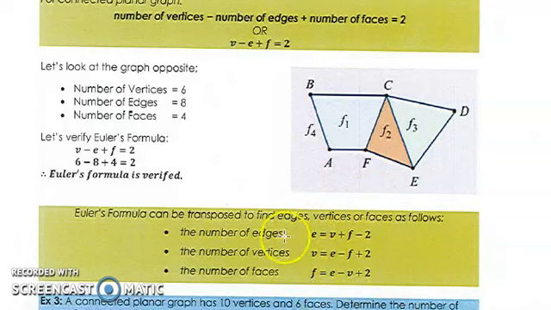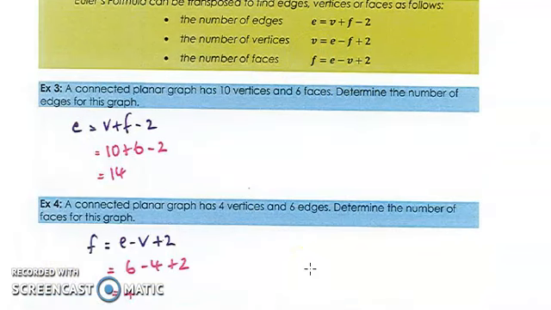It's just being rearranged. So to find the edges, vertices, or faces, rearrange the formula. And last one for the faces, get your edges and your vertices and just plug them in.